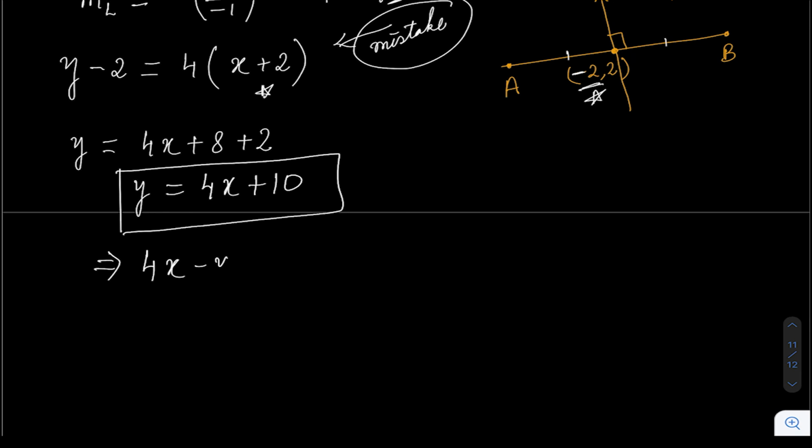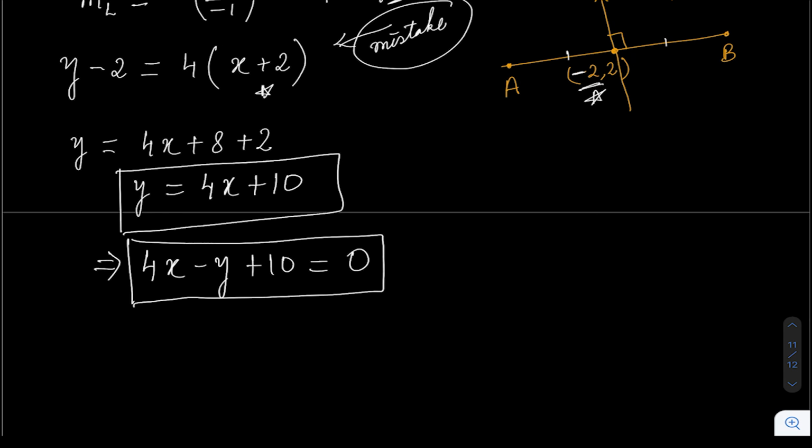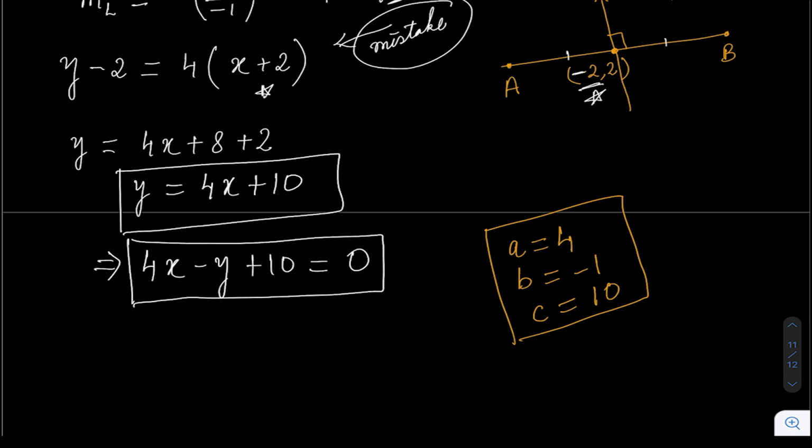I am taking y to the right side and writing my final answer as 4x minus y plus 10 equals 0. Sometimes in some questions they also say find a, b, c. In this question they have not asked, but if they ask, a is 4, b is minus 1 and c can be 10. So this can be one of the answers.